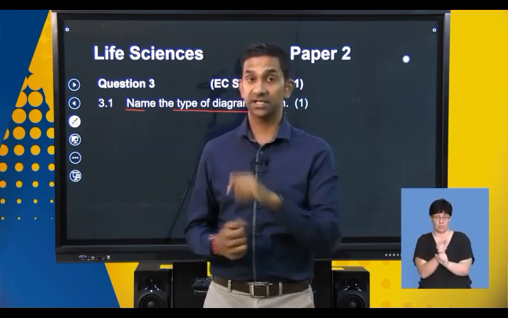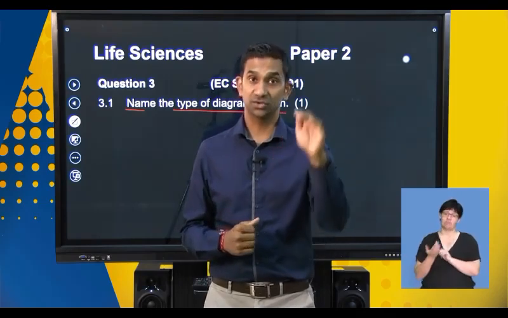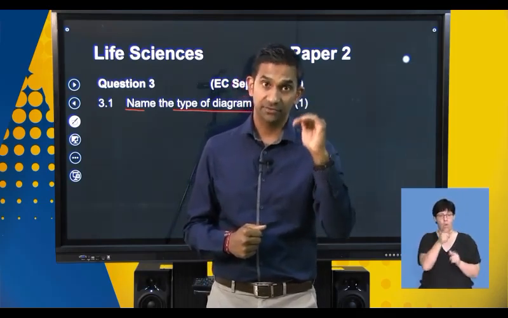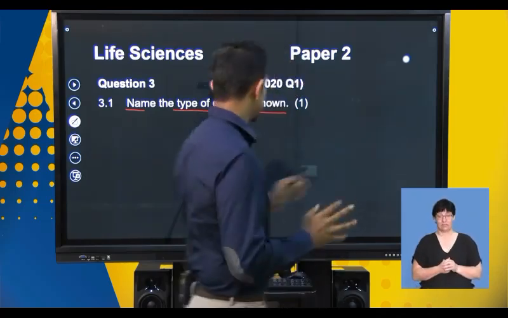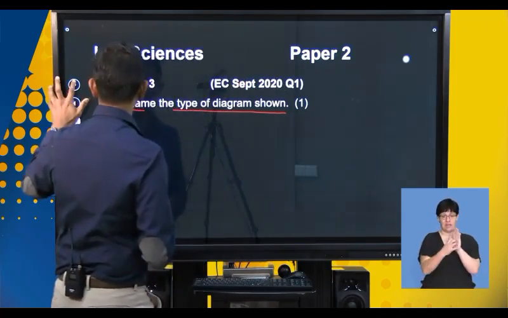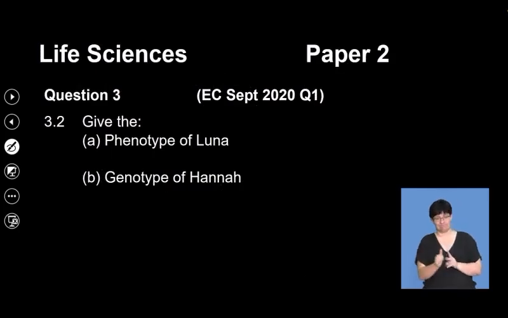A pedigree chart, as the one we've got in the diagram behind me, is an illustration that shows how a characteristic is inherited from parents to offspring and to the next generation. So this particular diagram is called the pedigree chart. As I showed you, it shows you how a characteristic is inherited from one generation to the next.